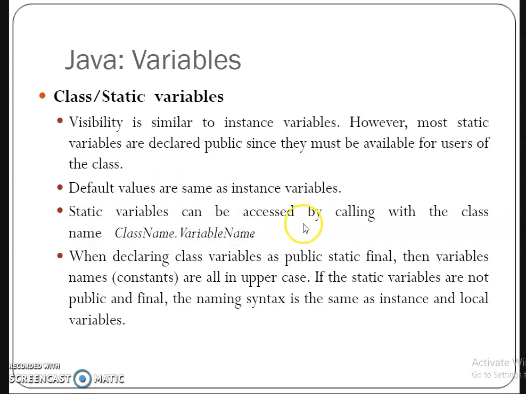Static variables can be accessed by calling with the class name. How the static variables are called is by class name dot variable name. You people just keep it in your mind. When declaring class variables as public static final, the variable names, that is the constants, are all in uppercase.